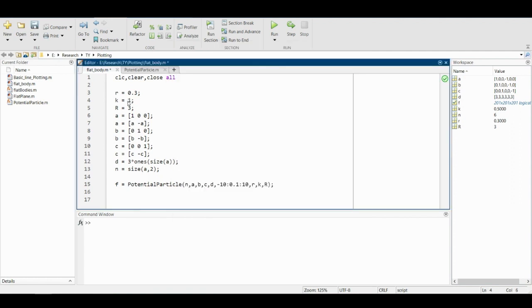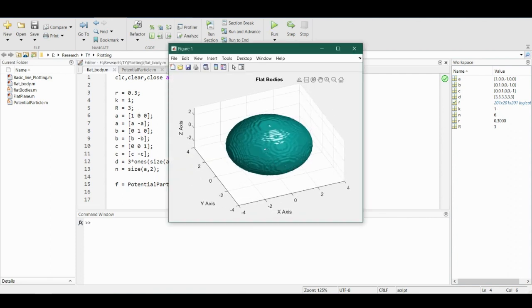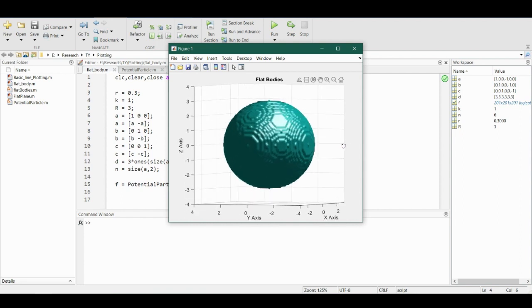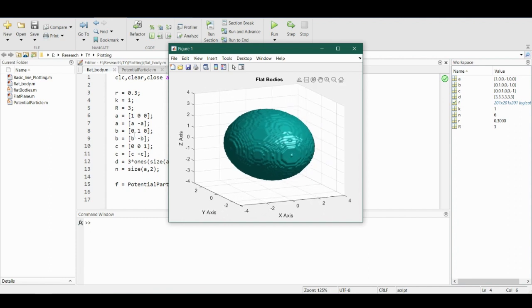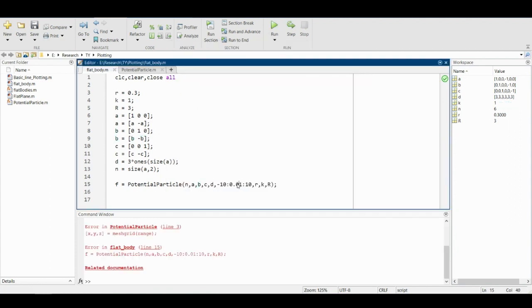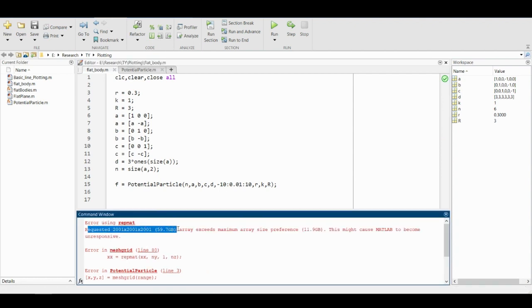Let's try case k equal to 1, all sphere, no flatness to it. Let's see if it works as well. It's working very well. If you see these points, this plane point getting out is due to discretization. If you put these points closer to each other, you can remove those things. But this may take lots of time. It's saying the size is very big.